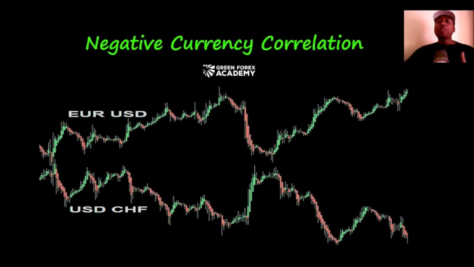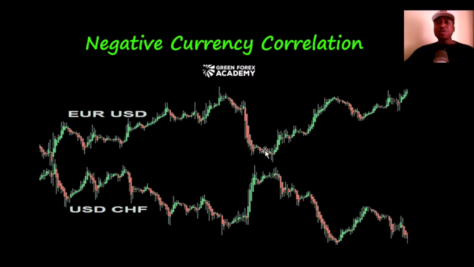Now here we have an example of a negative currency correlation. Here we have Euro USD, and then here we have USD CHF. Now we can see, we can pick any point from here. Let's pick this point here. From this point here, we can see that Euro USD was dropping down, was falling, and then from this point we can see that USD CHF was rising to the upside.